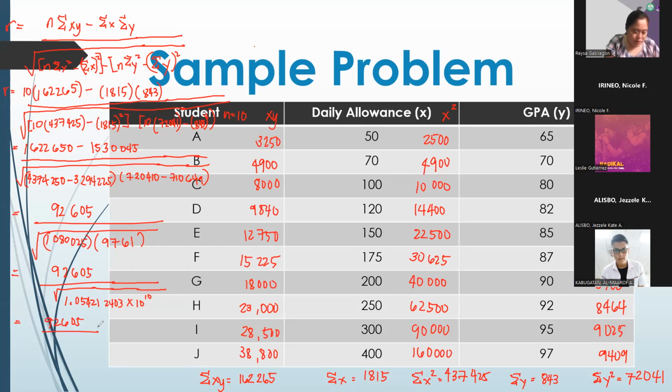This is 102,674.8461. And then let's divide. The R is from the solving above. We just need 2 decimal places here. 0.90. Positive, ha, positive 0.90.